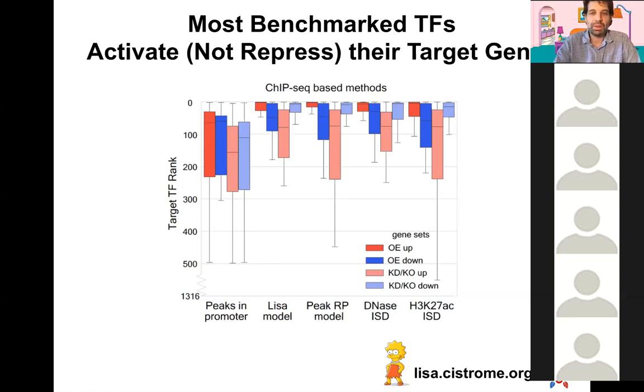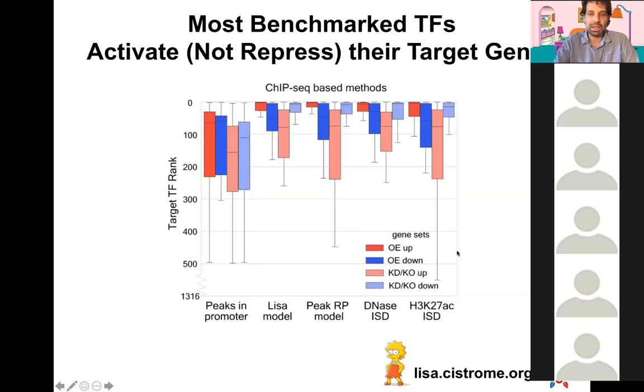What we found is that in many cases, when you have the activation of the transcription factor, LISA was finding the TF in the upregulated gene set, but it wasn't finding the TF so strongly in the downregulated gene set. And vice versa, when we had the knockdown experiment, LISA would often be able to find the downregulated genes, but not the upregulated genes.